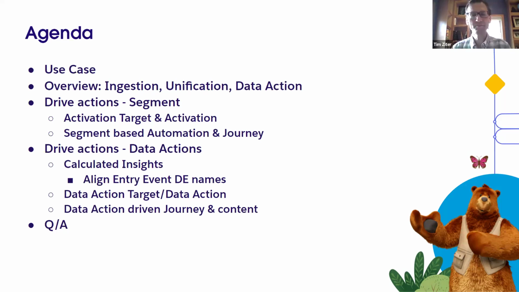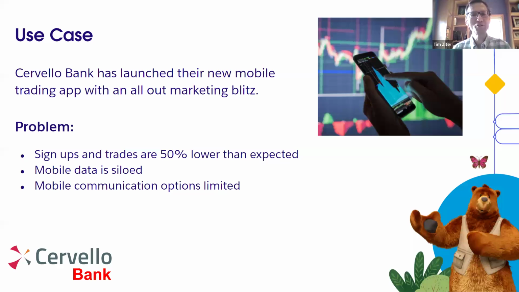Okay, so our use case. Cervello Bank is a fictional company. They have launched a new mobile application that allows users to trade right on their phone. Super convenient, super handy. They've done an all-out marketing blitz, and a couple of months into the launch, they've noticed that signups and the trade volumes are a lot lower than expected, like 50% lower, pretty significantly.